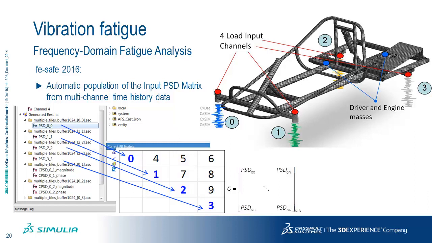So one of the things that can be a pain is to generate the PSD matrix, especially if you have time signals. So we have an option. We added that in FE-SAFE 2016 already.